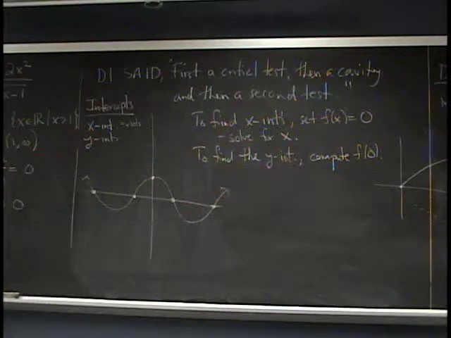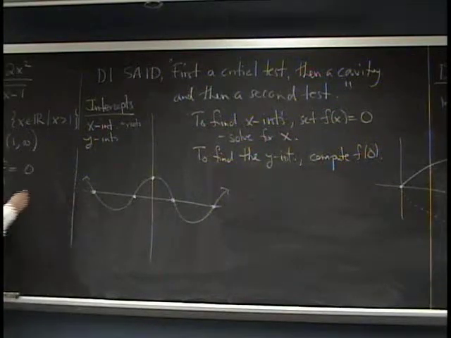And what is the y-intercept? Well, the y-intercept is what happens when you plug in 0 into the function. But we just saw what happens. When you plug 0 into the function, you get out 0. So the y-intercept is y equals 0, so you're actually not getting anything new.